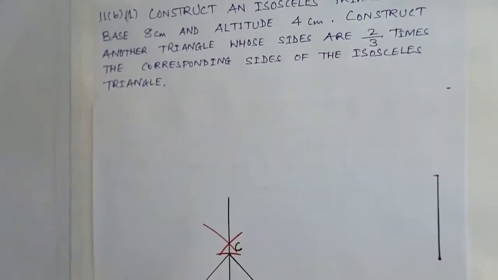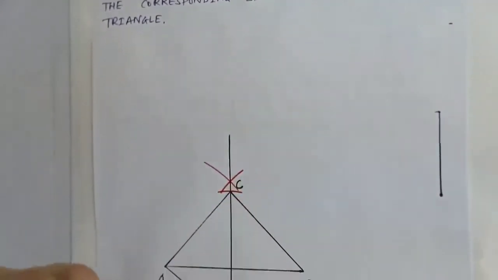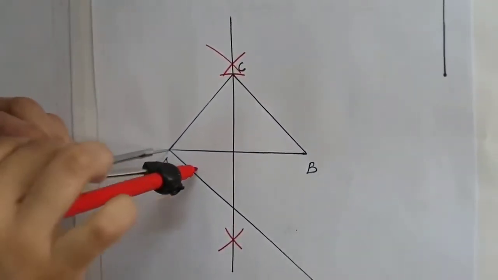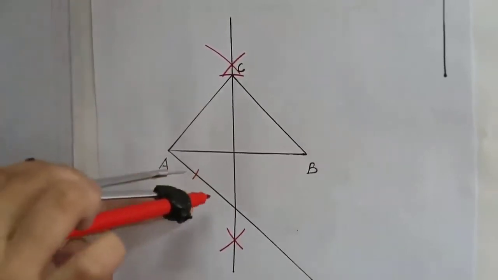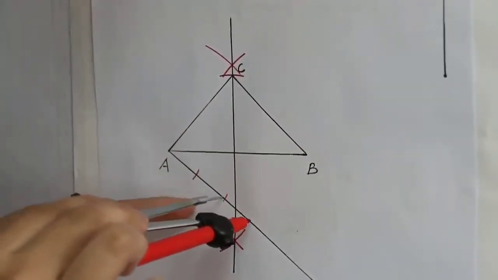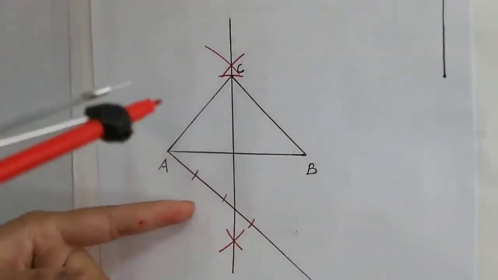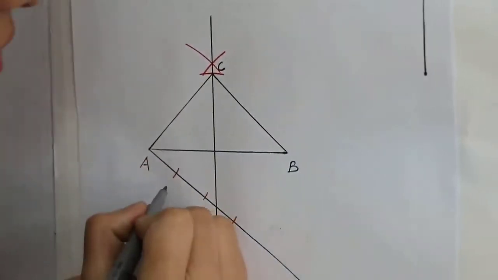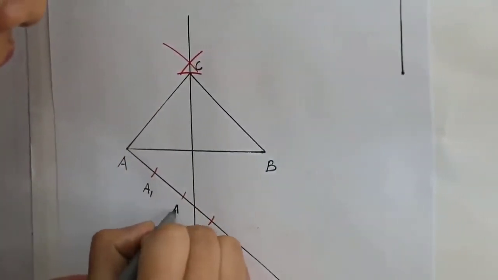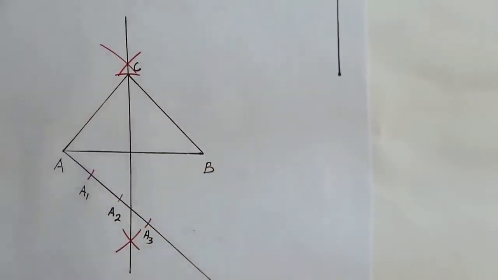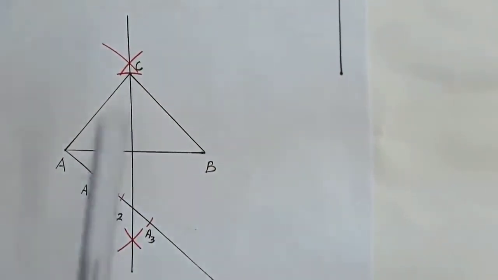Take a much smaller arc and locate 3 points: 1, again from this point 2, again from here 3. Name them A1, A2, A3. Now join B, A3.